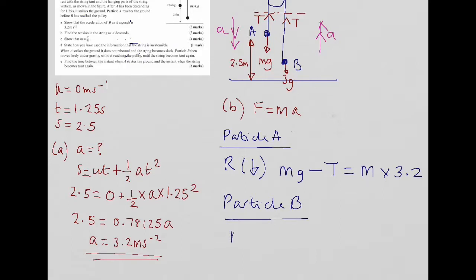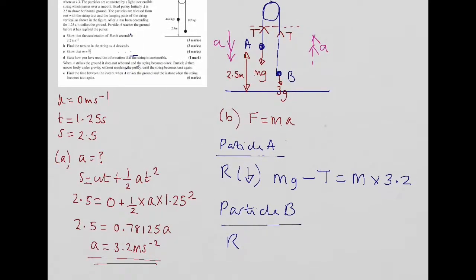we've got to think again, what way are we going to resolve? So what's the direction of motion? Well, the direction of motion is upwards this time. So notice now the force that's going to be positive, that's acting on the particle, is T. Subtract the forces that are in the opposite direction, which is in this case 3g.